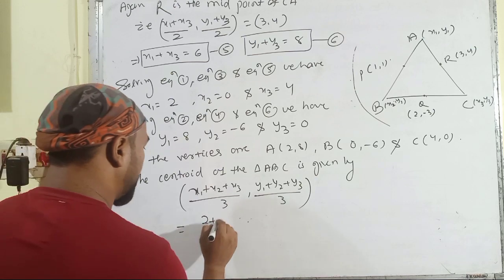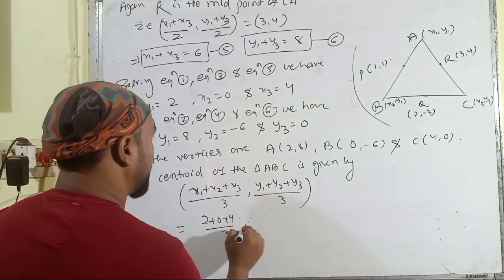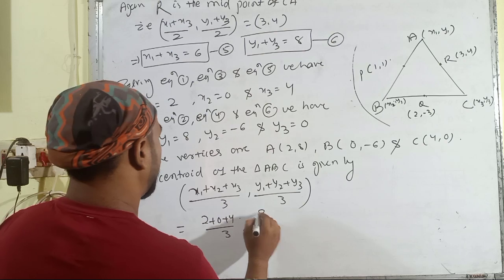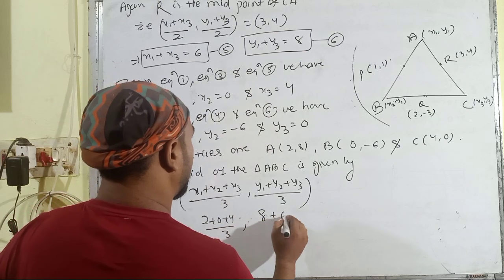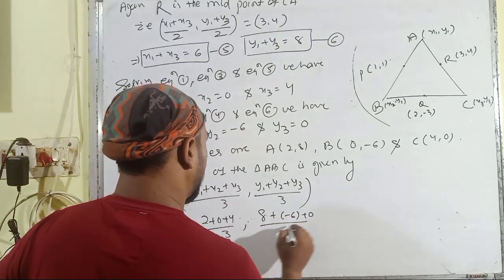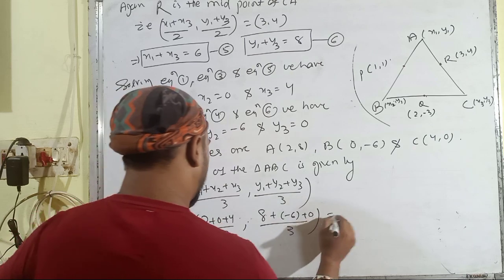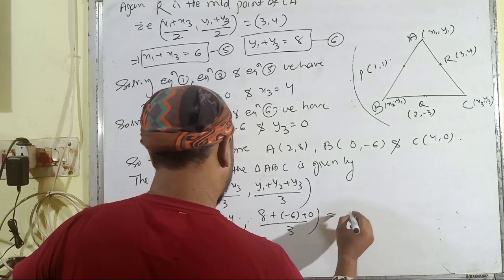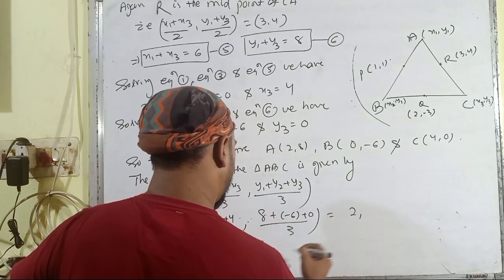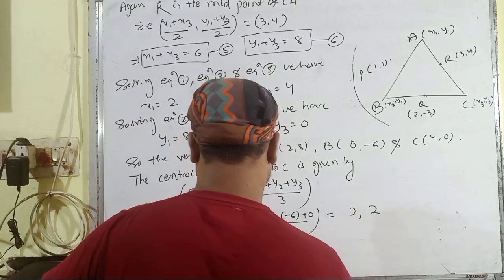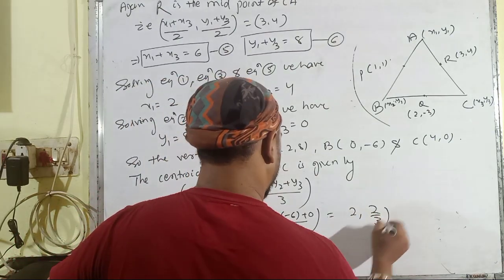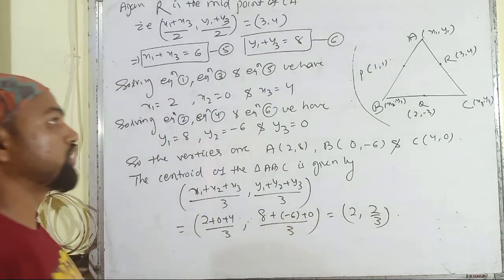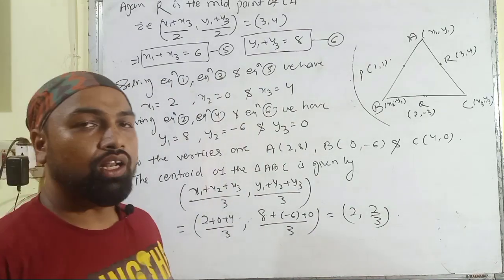So it is (2 plus 0 plus 4 divided by 3, 8 plus -6 plus 0 divided by 3), that implies it is (2, 2 by 3). So here it is the centroid of the triangle ABC.